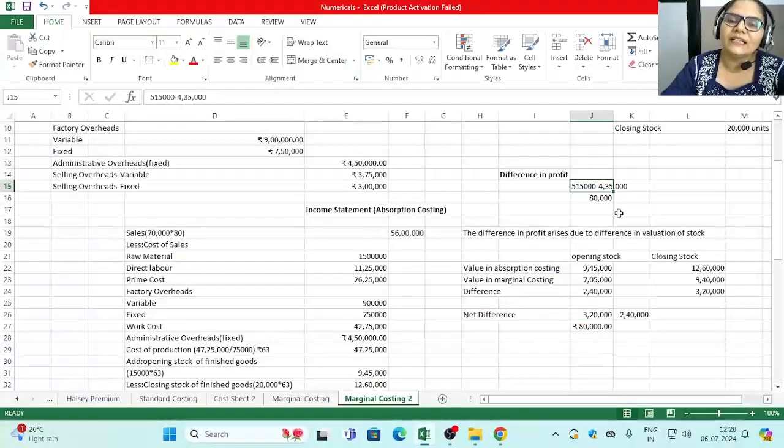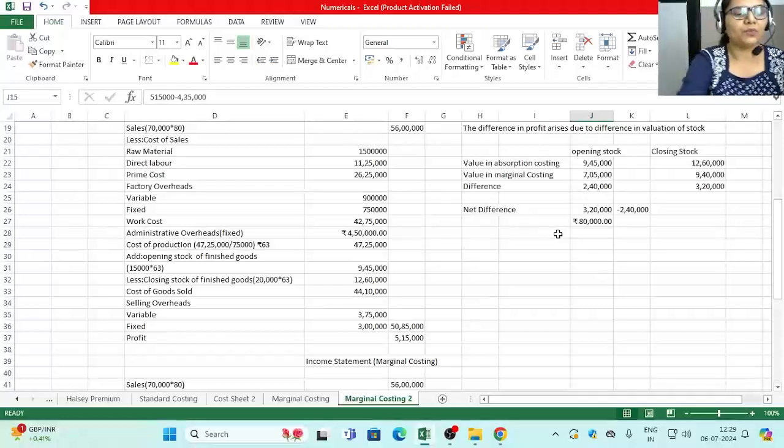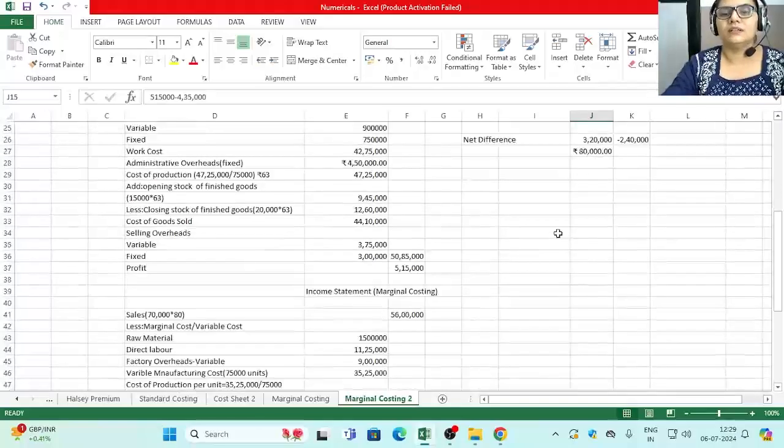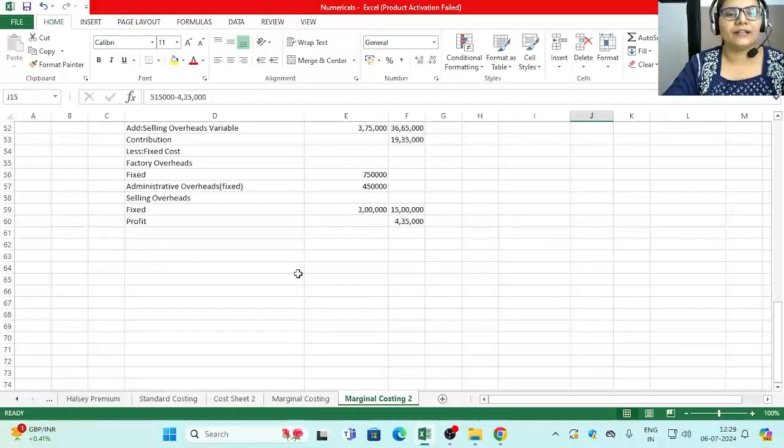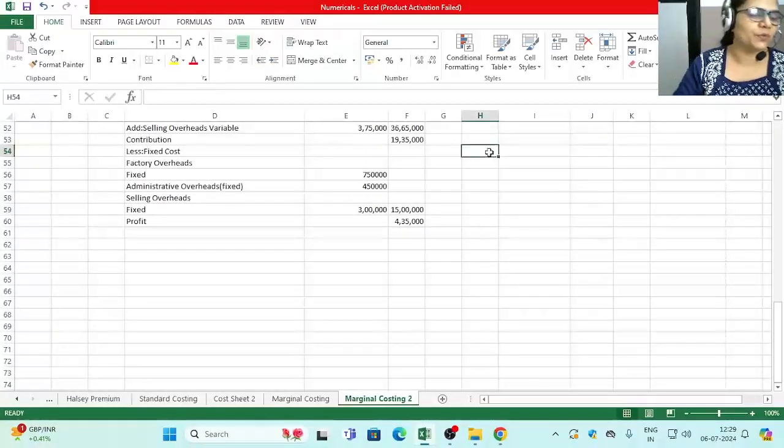So basically this difference is due to the difference in the valuation of stock, which is showing in the profit also. And one thing to note is that I'll write it in the form of a statement, then it will be more clear to you.